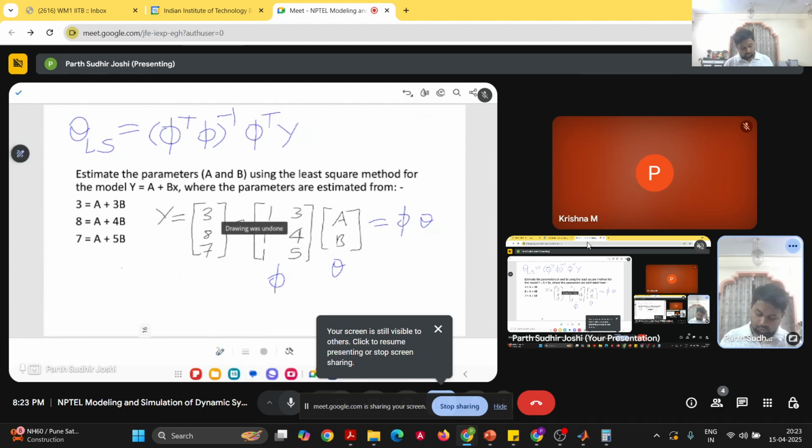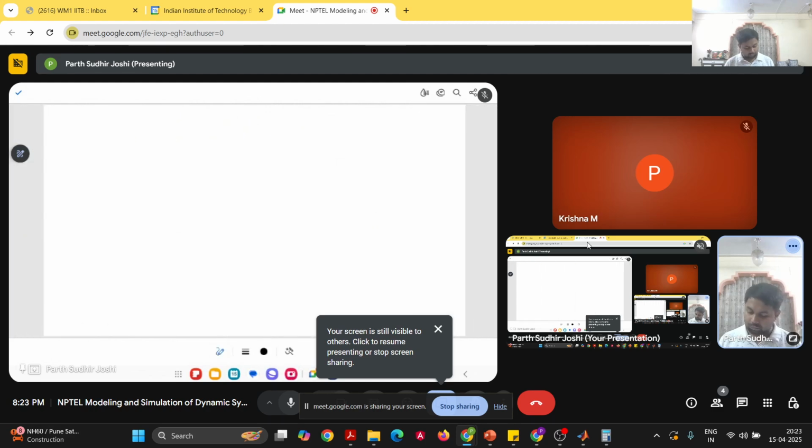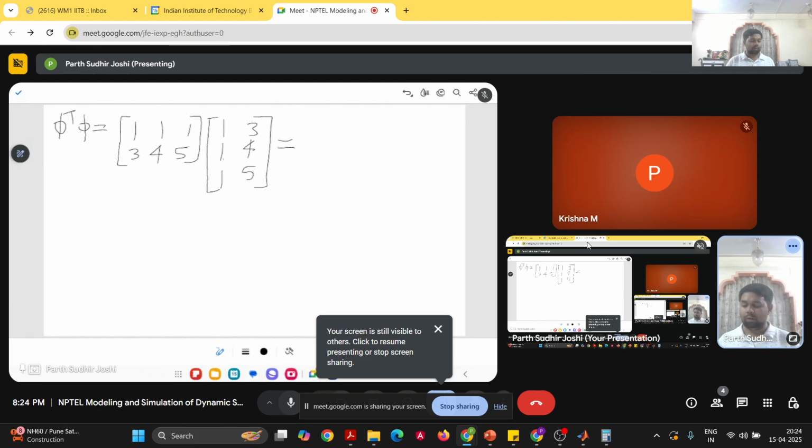Phi transpose will be this matrix, which is 2 cross 3, and this is 3 cross 2.